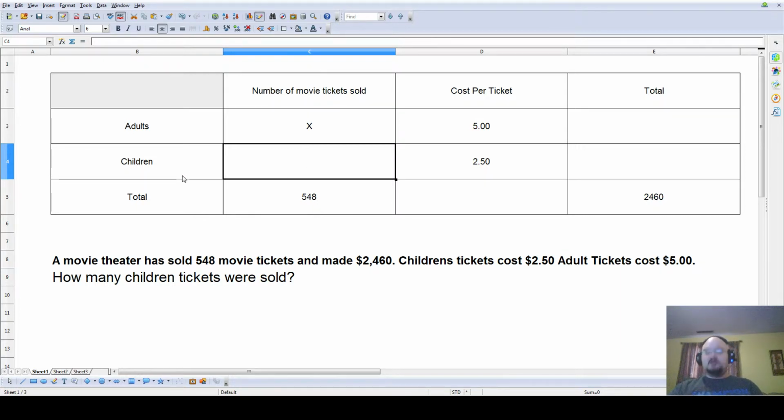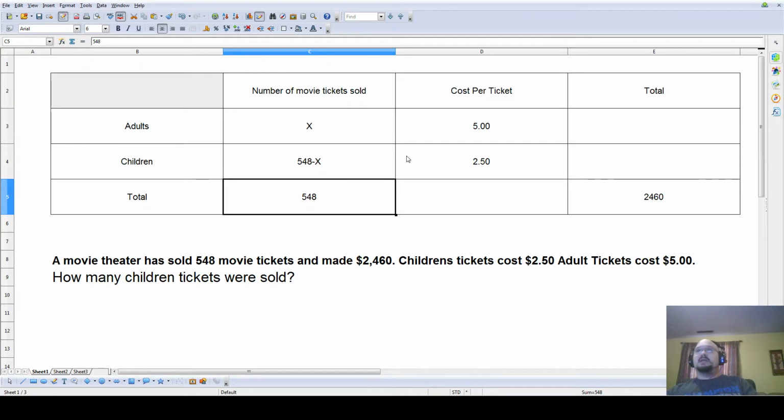So let's do that. So 548 minus x. Cool. All right. So this means that we're solving for the adults in this case, which is fine, but we can figure out what the children did later.